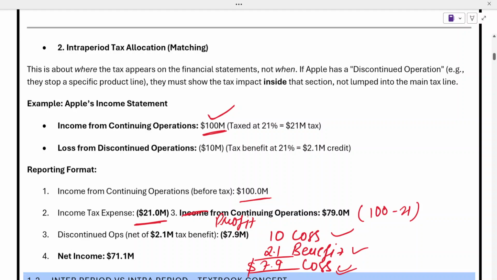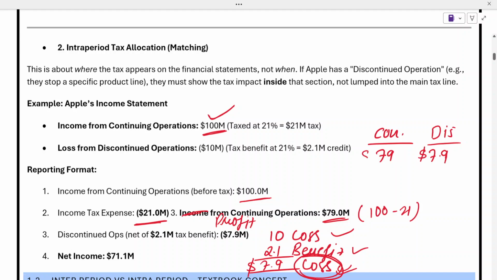Now at the end, how will you show your total income? You will say, okay, from continuing operations I am getting an income of 79 million. From discontinued operations, here we are having losses of 7.9 million.